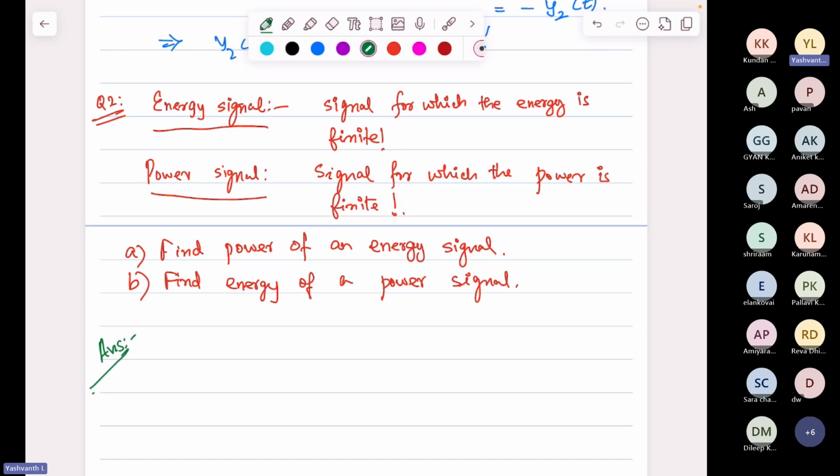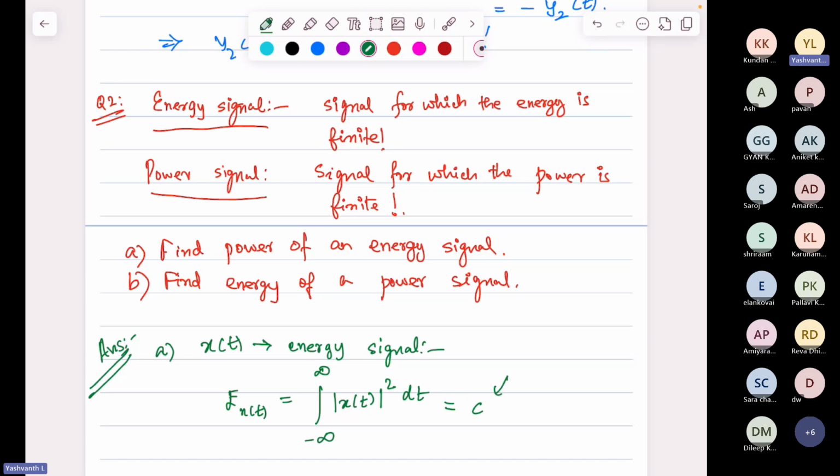Let's start with part A. That is, x of t is an energy signal. What do you mean by energy signal? The energy Ex, defined as the integral from minus infinity to plus infinity of mod of x of t square dt, is equal to c, which is a finite number.